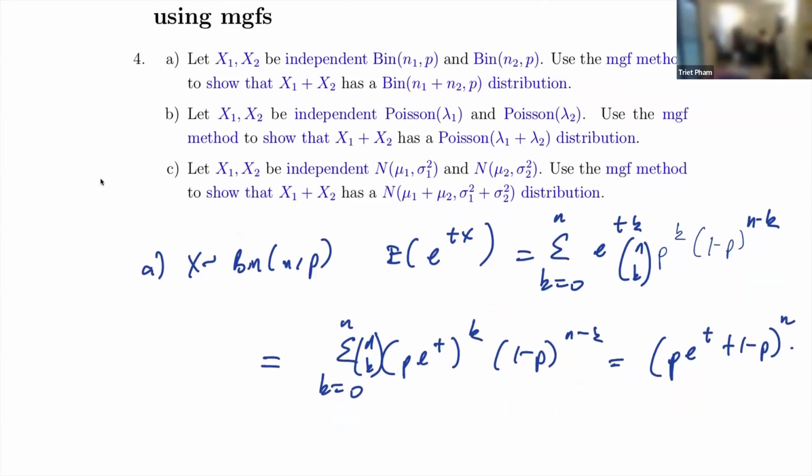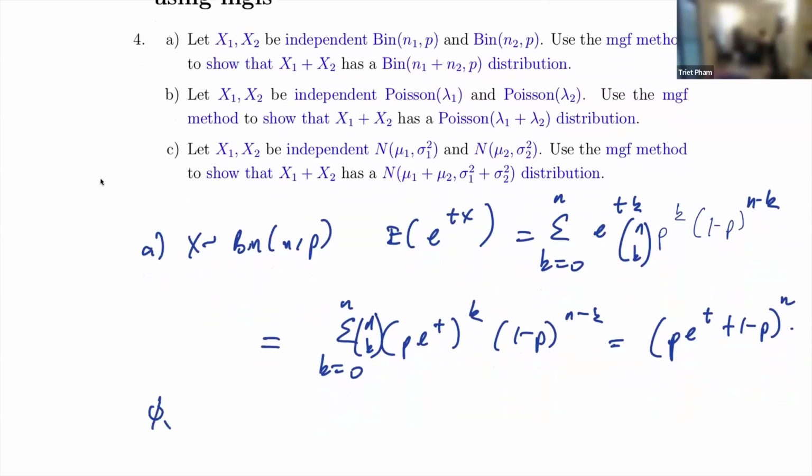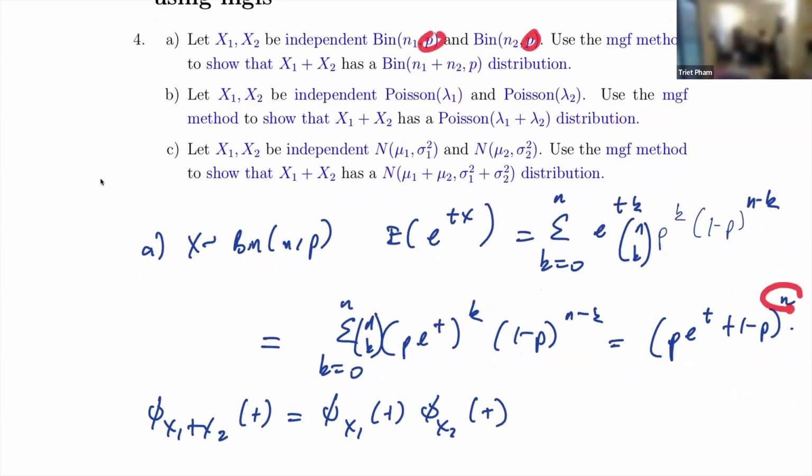So now, if X1 and X2 are like this, then phi of X1 plus X2 will be the product. Now, notice they have the same p. The only difference is the n1, n2. So when you multiply them, you will get n1 plus n2.